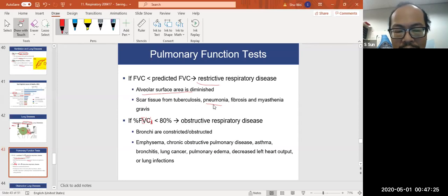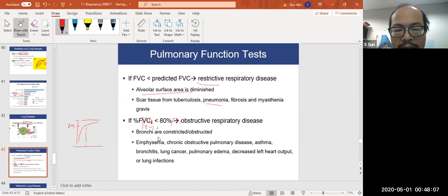And FEV1, if it's lower than 80% of the FVC, so basically if during the first second it doesn't reach 80% of this maximum, then FEV1 is considered low. And then that is called obstructive lung disease.